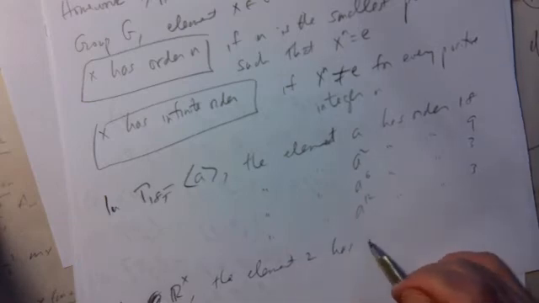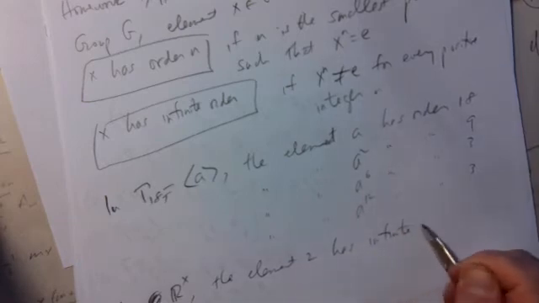In the multiplicative group of non-zero real numbers, the element 2 has infinite order, because when you start taking the powers of 2, 2 to the n is never equal to 1. So this is an example of an element of infinite order in a group.